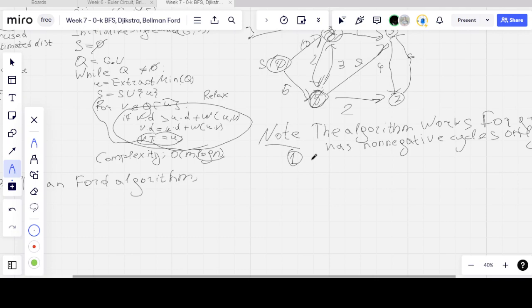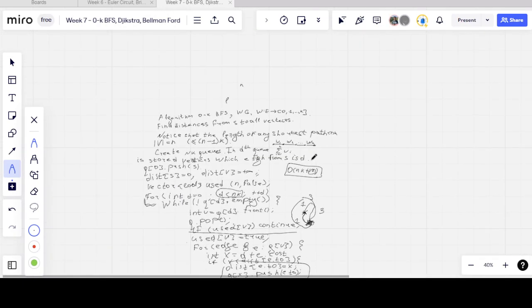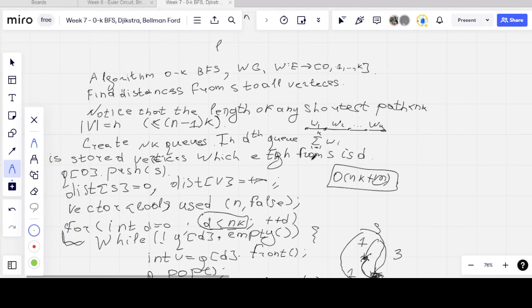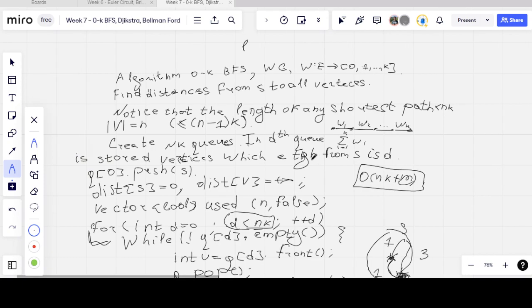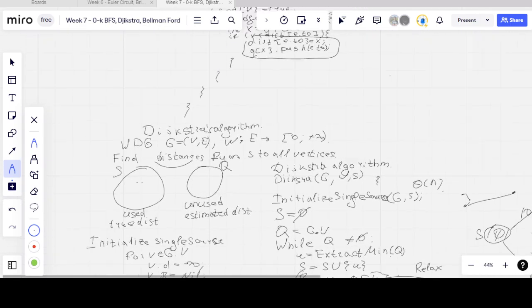So, the next algorithm. In this case, in the 0-k BFS algorithm, we consider this function that works for weights 0 to k.